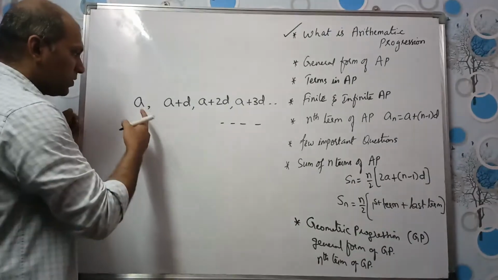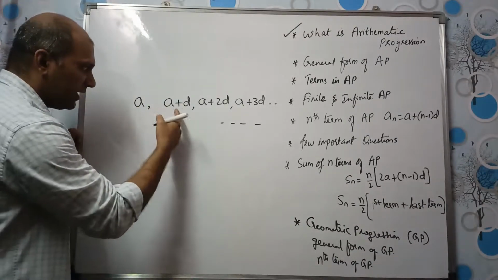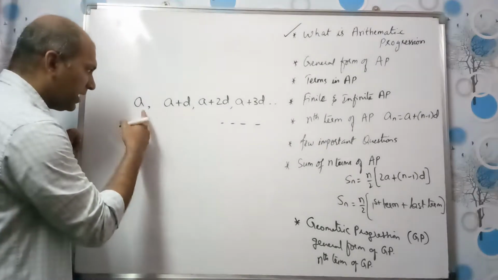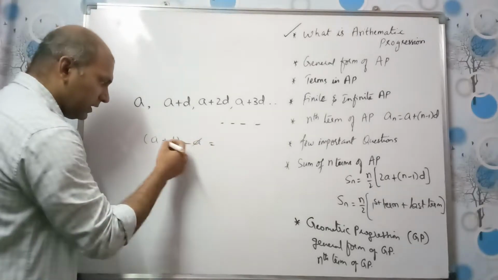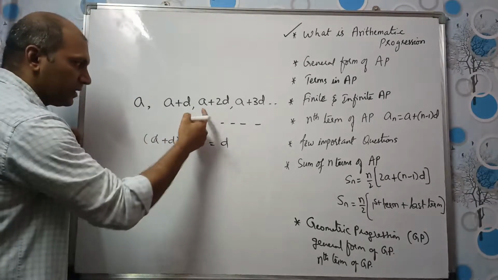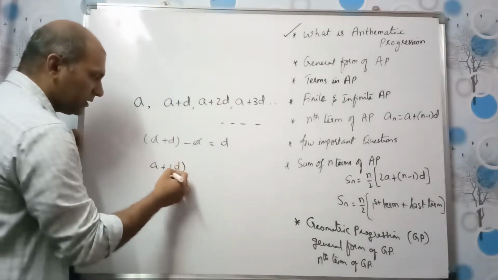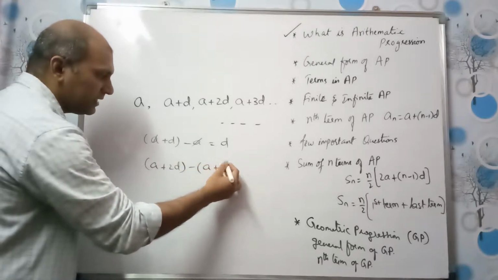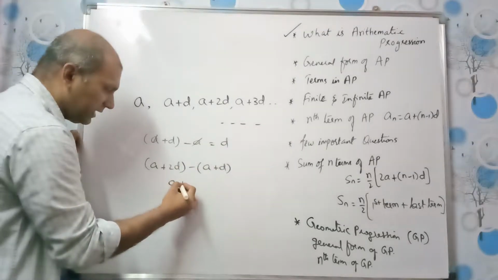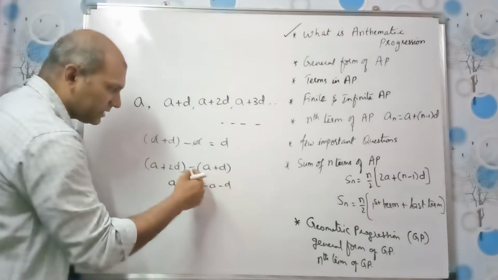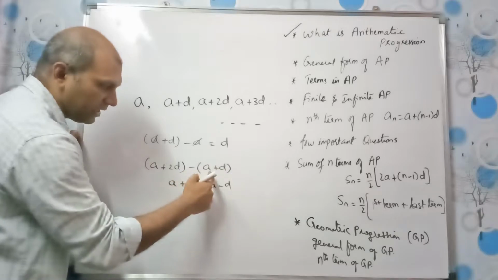So this is the first term. Let us find the difference and check. Second term minus first term: A plus D minus A. A will get cancelled, we'll have D. Now A plus 2D minus A plus D, third term minus second term. We should get D only, right? If you remove the brackets, minus A minus D will come.